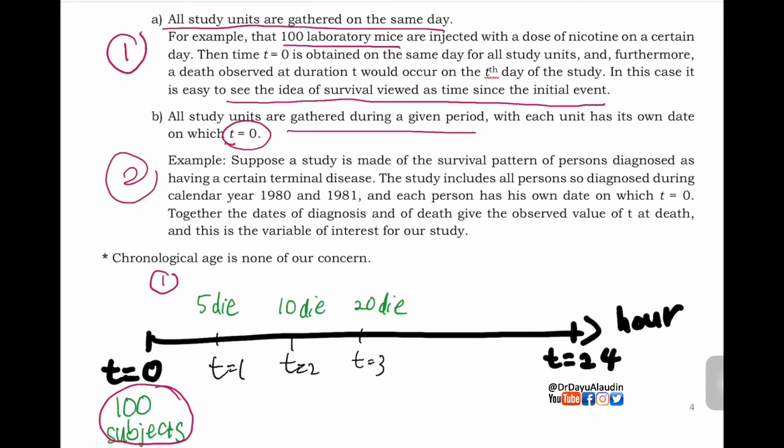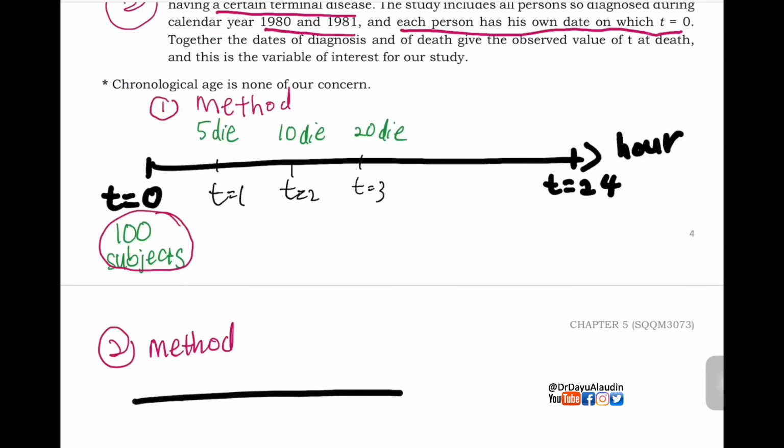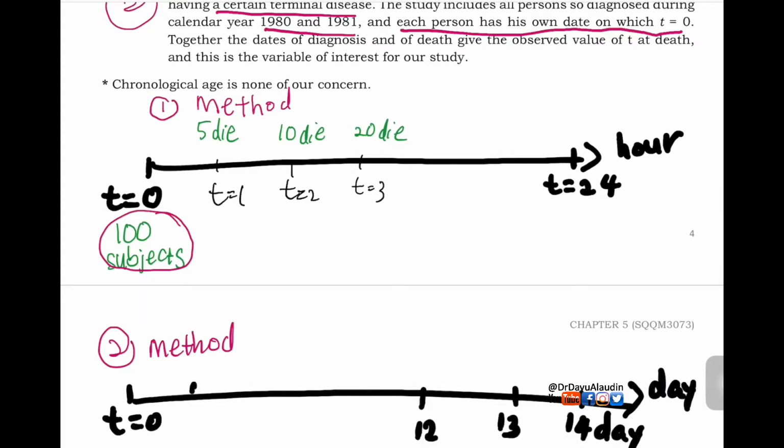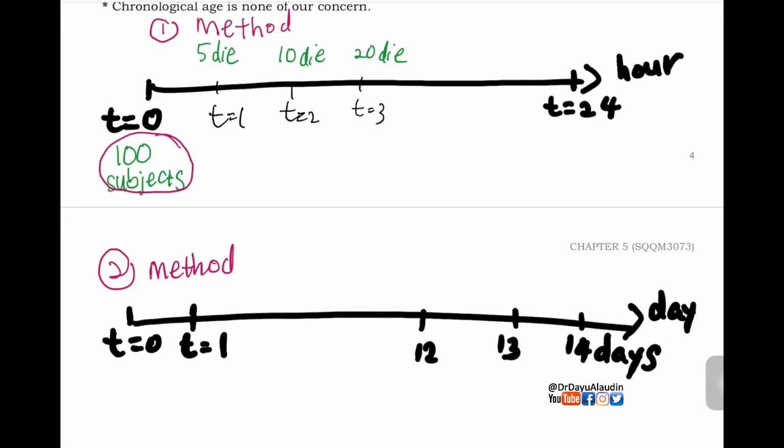For example, suppose a study is made of the survival pattern of persons diagnosed as having a certain terminal disease. For example, we are studying coronavirus from day 1 until 14 days. Patient 1 comes at t equal to 0 and is found to have COVID-19.